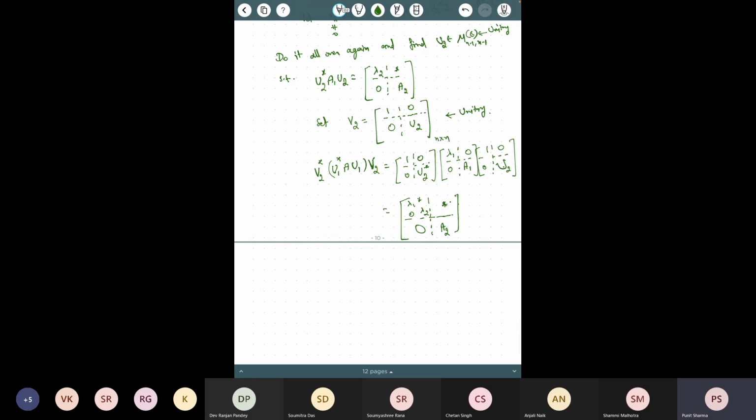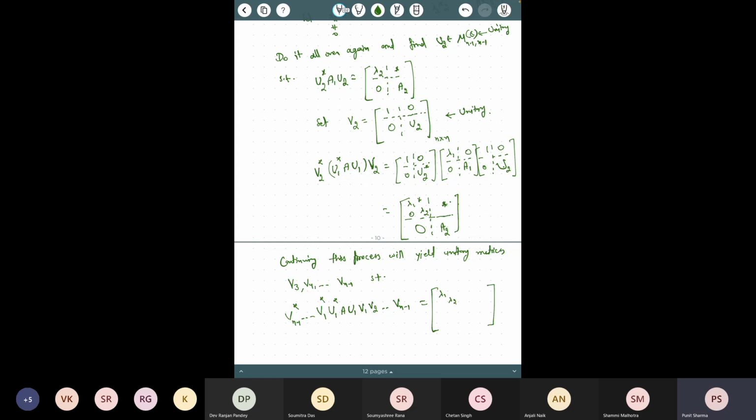Now if you keep on doing the same thing, if you continue the process, then after n minus 1 steps, you can see that continuing this process will give you unitary matrices, let's say V3, V4 and up to Vn minus 1, such that this matrix, V1, V2 and up to Vn minus 1, is in the desired form.